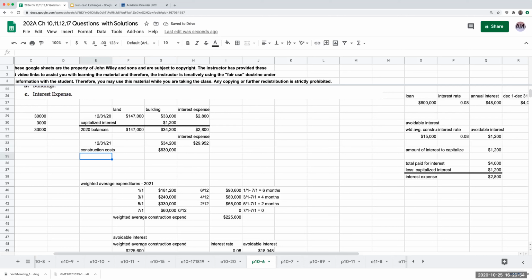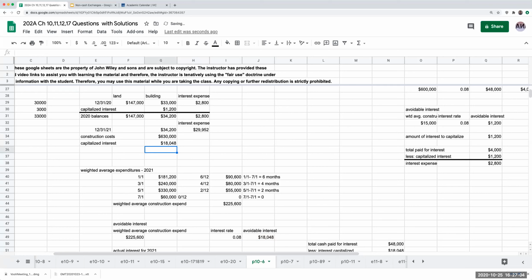On top of that, I'm going to be adding the capitalized interest, which is right over here at 18,048. So my 2021 balance for interest expense was 29,952. For my building, it's going to be 682,248. My land is not going to change, so it's basically going to be this 147 right here.